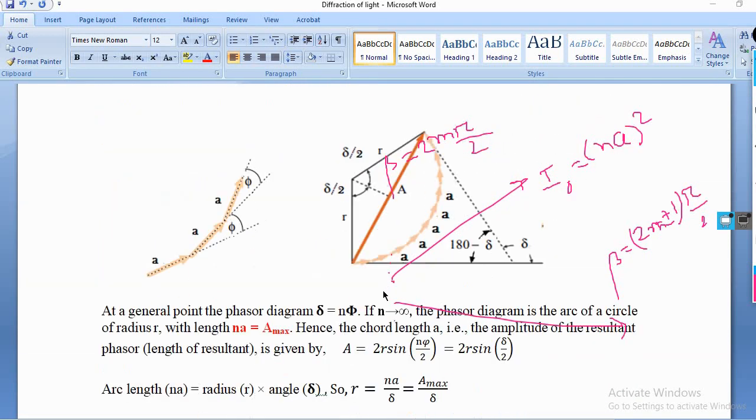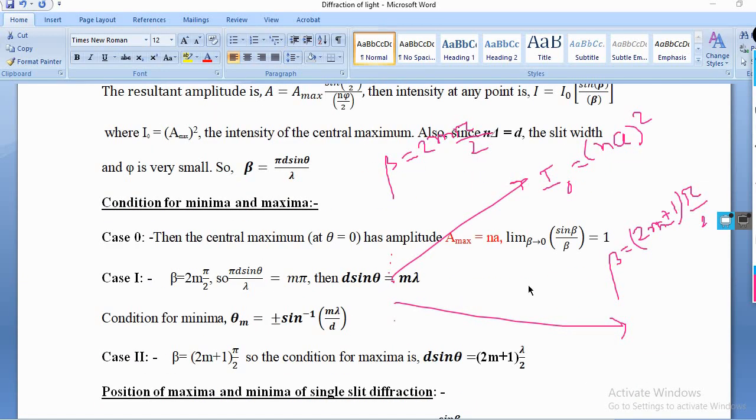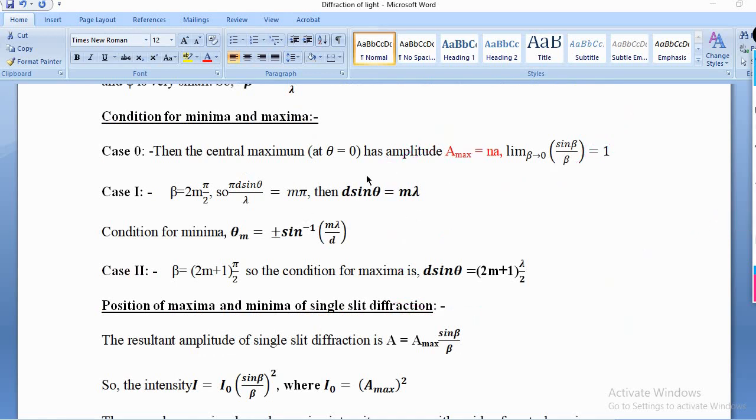Now come to this point. Just see, you have your central maxima condition, then you have the condition for minima, and the condition for secondary maxima. Case number 2 is the case of secondary maxima. If this is plus, this is also applicable to minus. This is a periodic system. You can consider the left side and the right side.